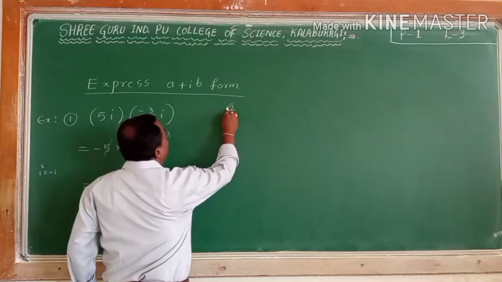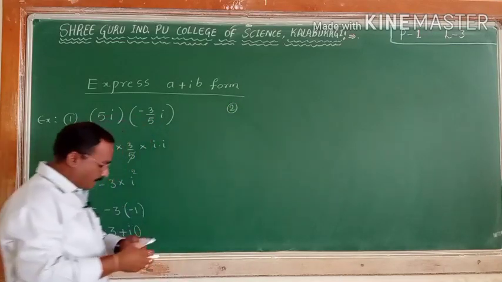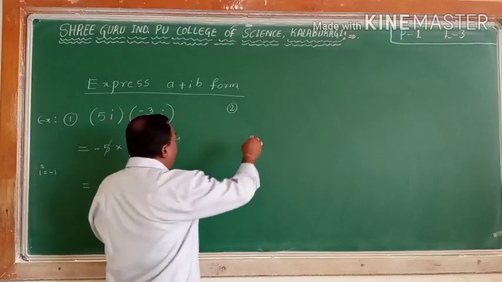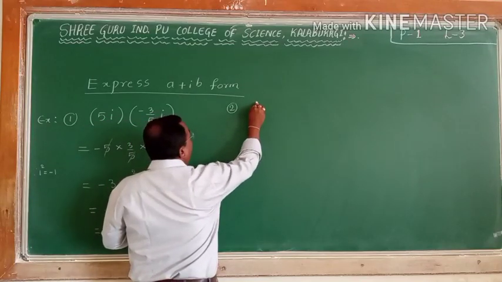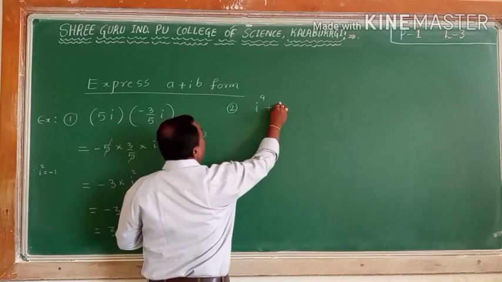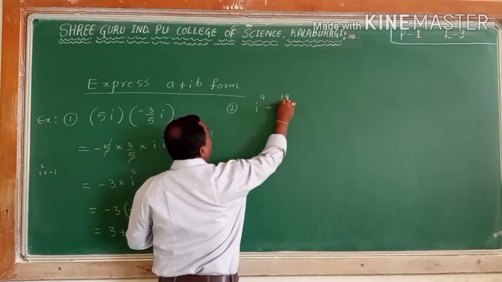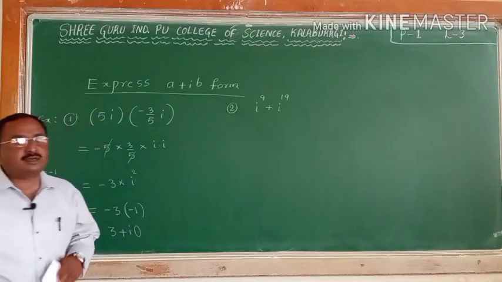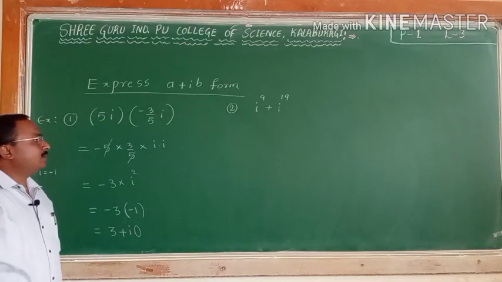Example number 2: i power 9 plus i power 19. This example was already covered in the introduction part, but once again I will explain.